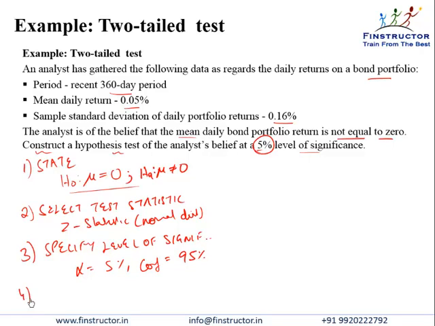Step 4 is to state the decision rule regarding the test.